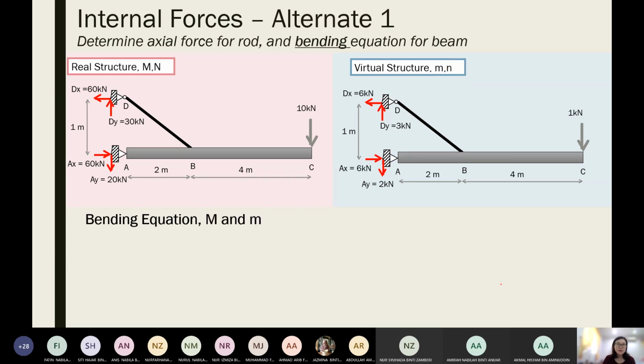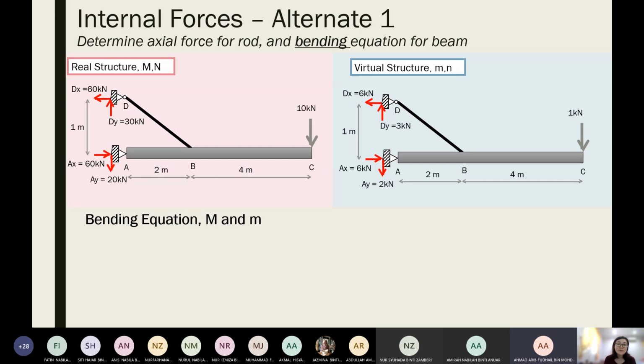Next, we need to find the bending equation. Bending equations mean that you need to cut sections. In this case, how many sections do you want to cut? Let's see the real structure. Two. Yes, thank you.